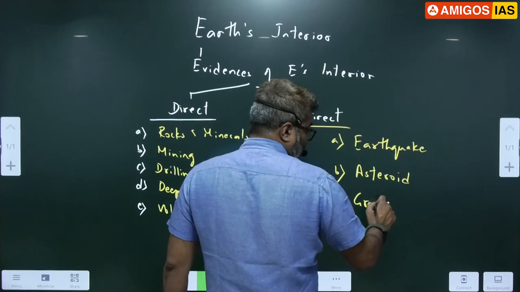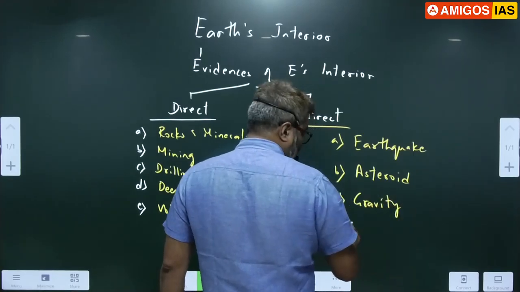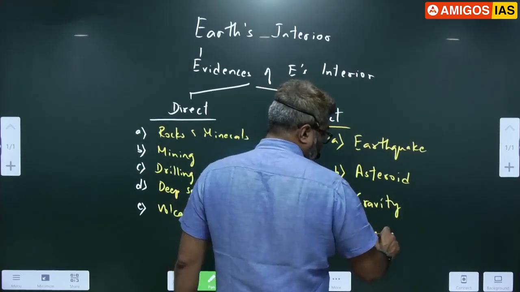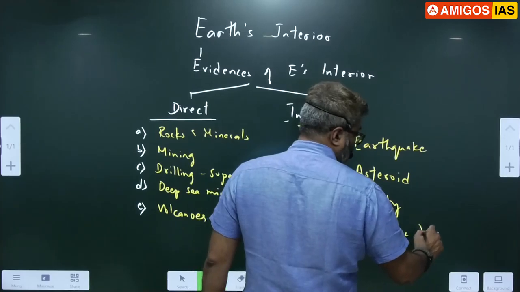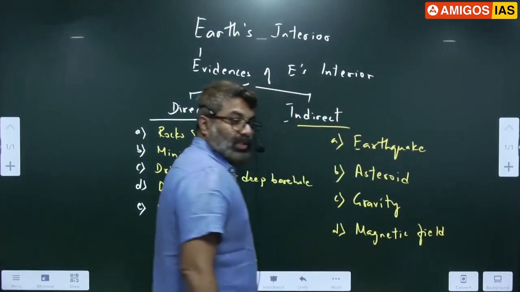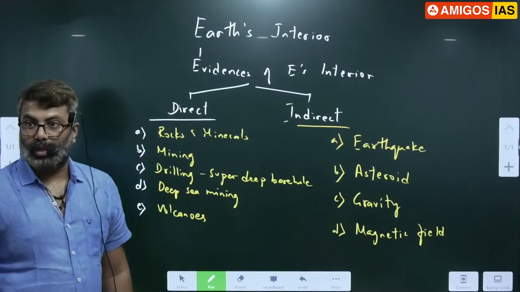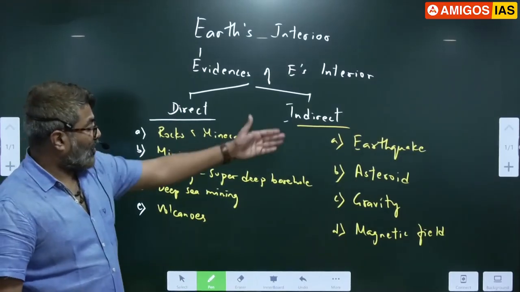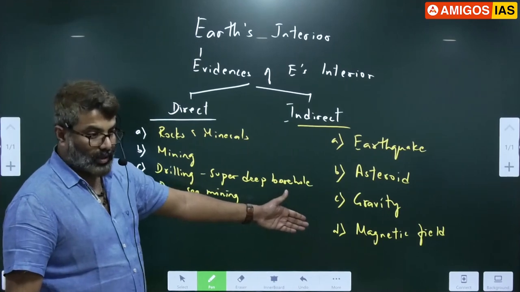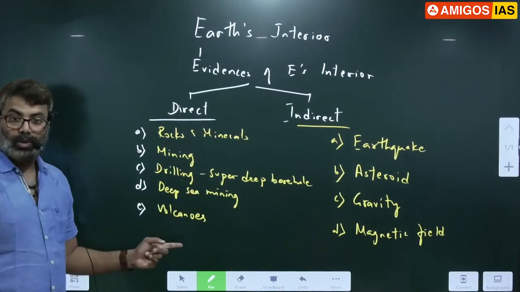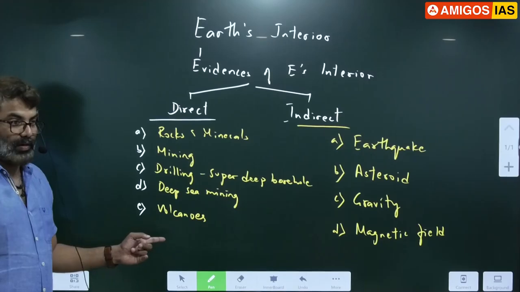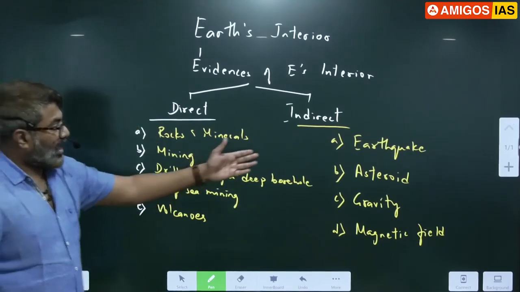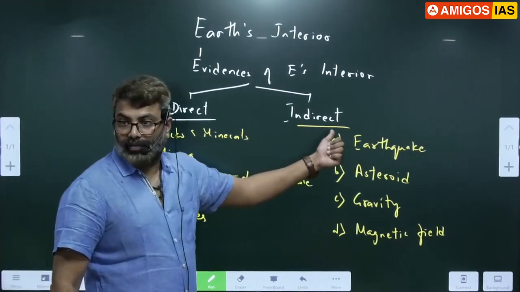Then gravity variation, and yes, the magnetic field. These are indirect sources of evidence. So please remember indirect. Any doubt in these? Okay, we have covered all these aspects now. So let's start with the indirect sources of evidence.